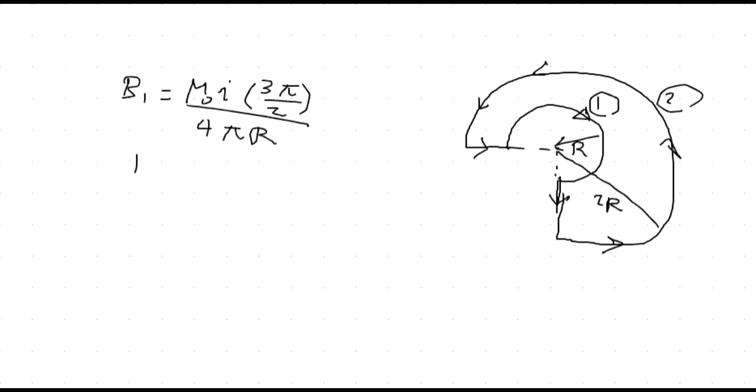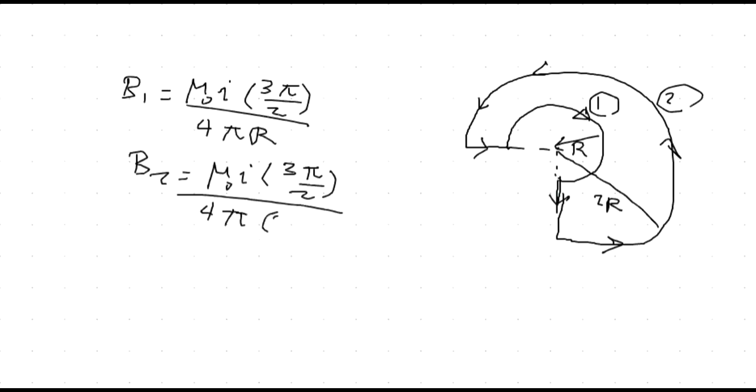B1 is mu naught I multiplied by 3y over 2, 4 y. B2 is mu naught I multiplied by 2 y.